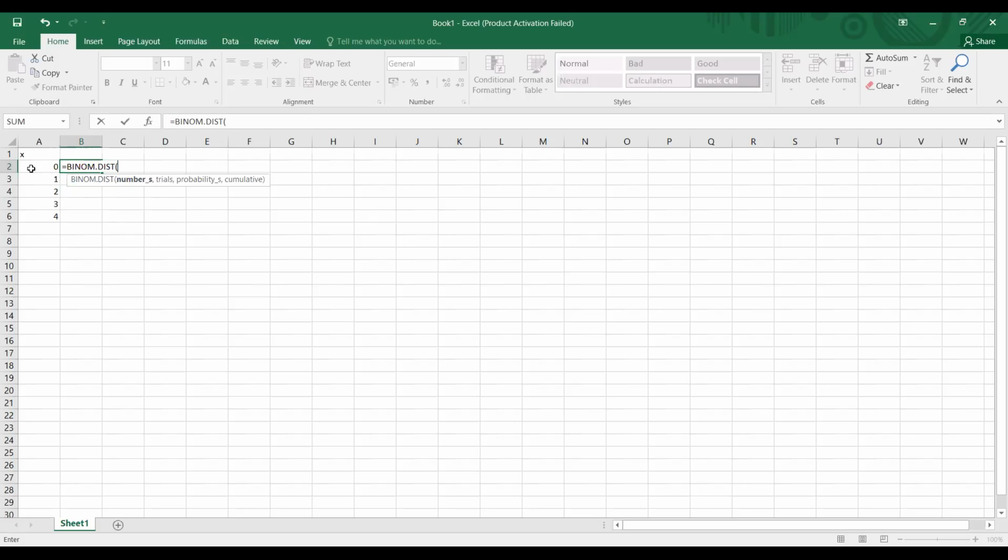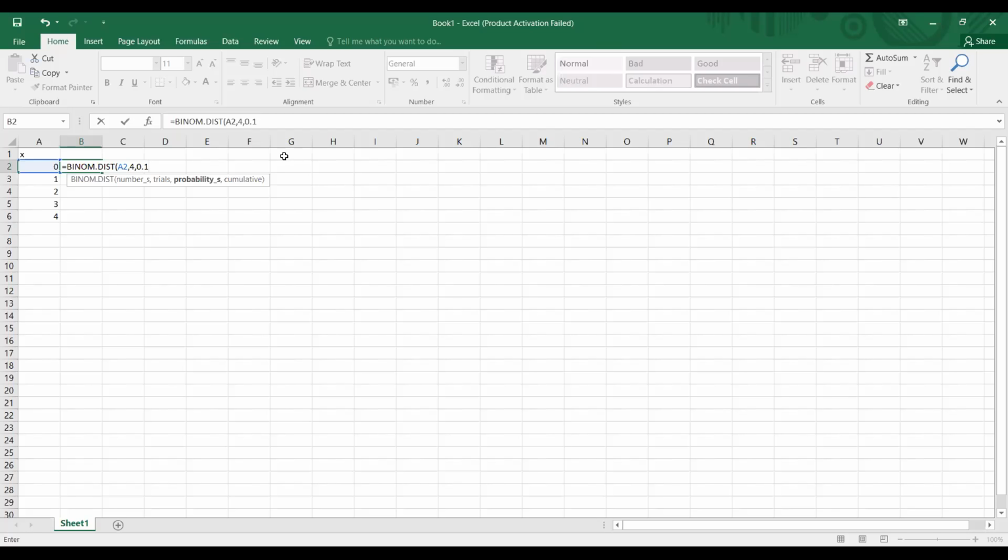X is defined by this address, and the number of trials was 4, and the probability was 0.1. So you have to use 0.1 as the value of p.